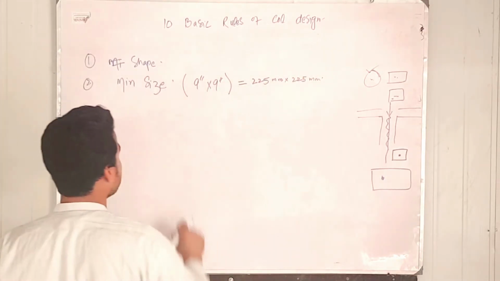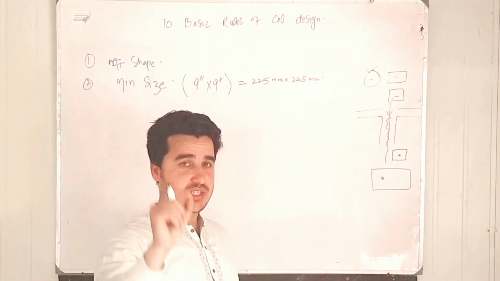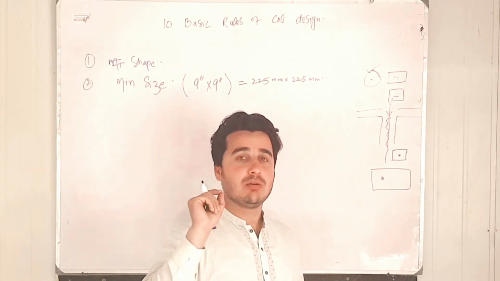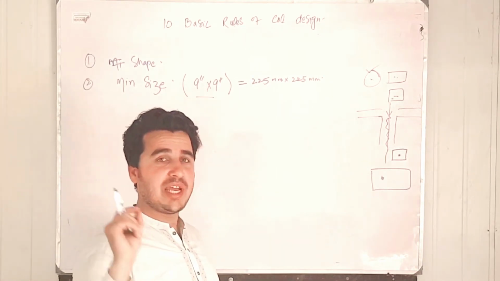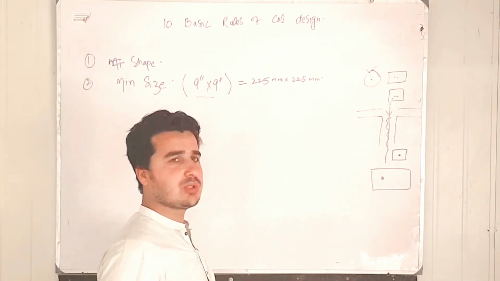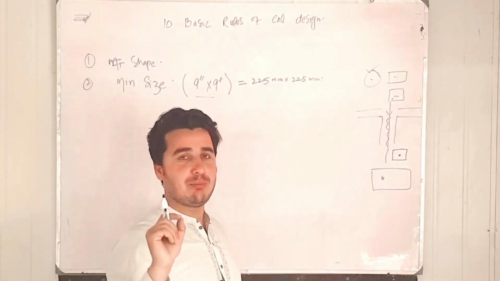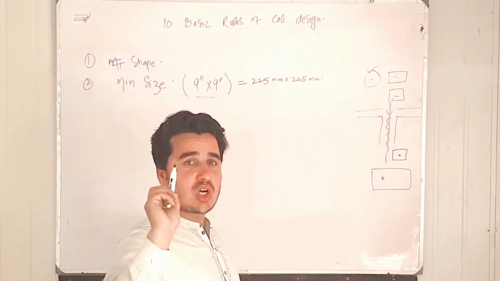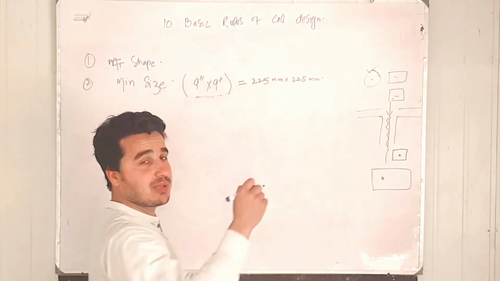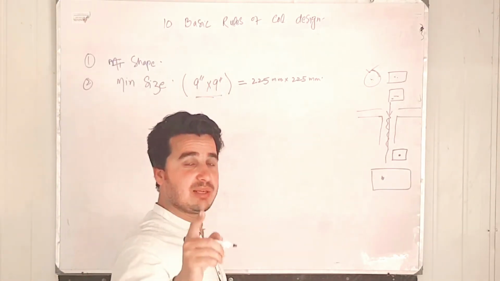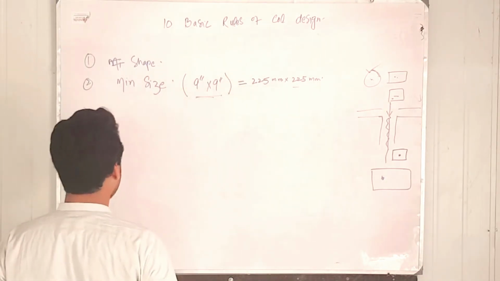This is the minimum size that you can allow in any type of construction whenever you are designing a column. You can use a smaller size than this, but that won't take your main structural loads. That can be used for design purposes, but it is not going to be the main structural frame member. If you are using the column as the main structural member, its minimum size shall be 9 inches by 9 inches, which is 225 millimeter by 225 millimeter.